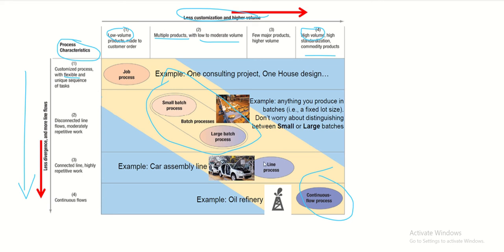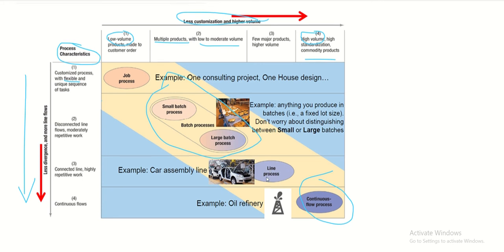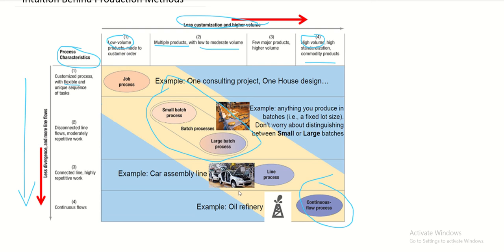The line process could probably involve a couple of products, but as far as we're concerned, we'll just talk about one product. You can see in the picture, the example would be a car assembly line. The car assembly line will not be moving as quickly as compared with the oil refinery, or another example would be the factory of Coca-Cola, the mega factory.